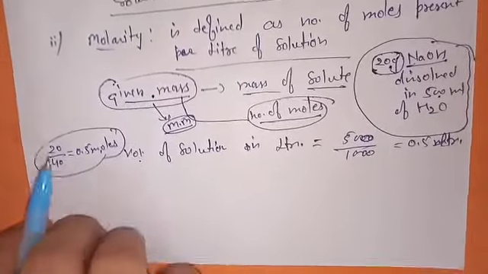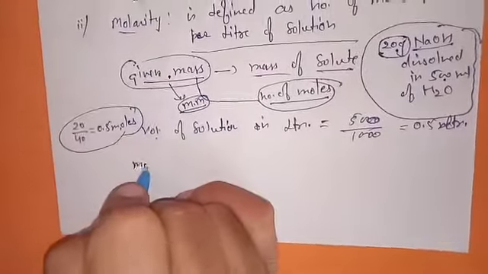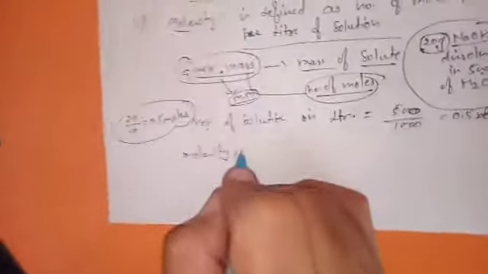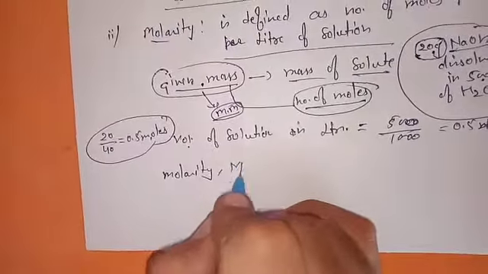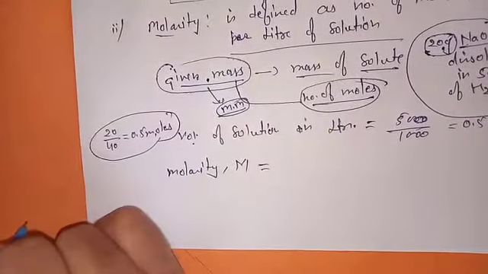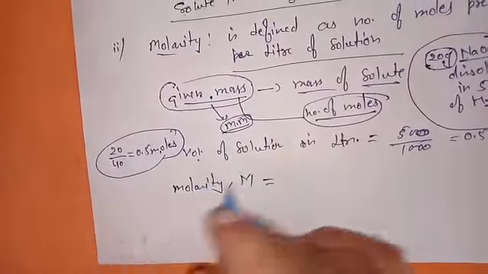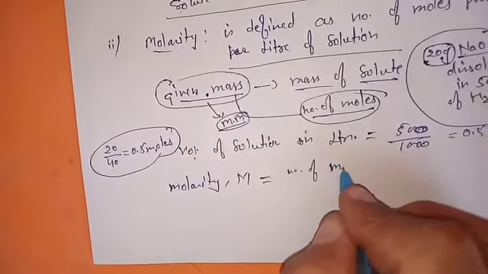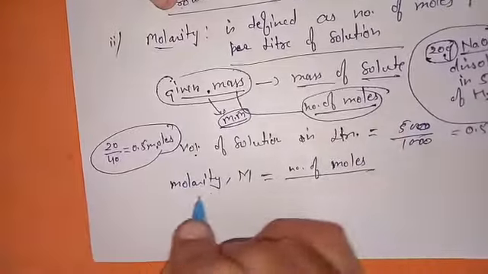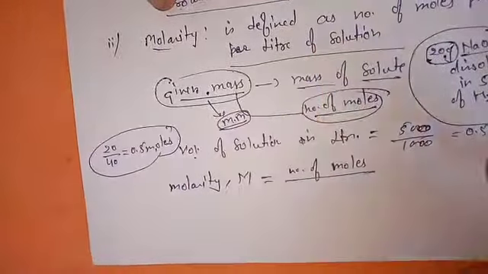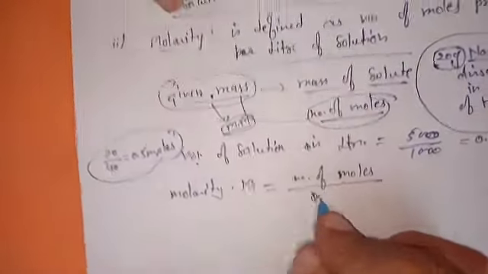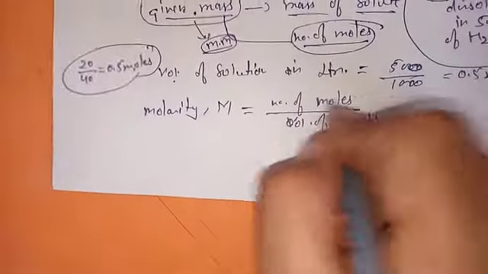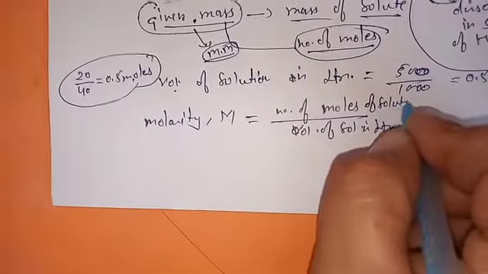Now, what is the molarity definition telling? Molarity is usually represented by capital M. By the definition, we know that you have to put the number of moles above and find it per liter, so divide the number of moles of solute by the volume of solution in liters.